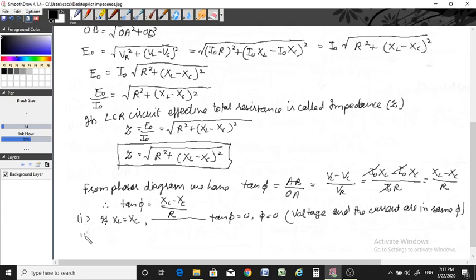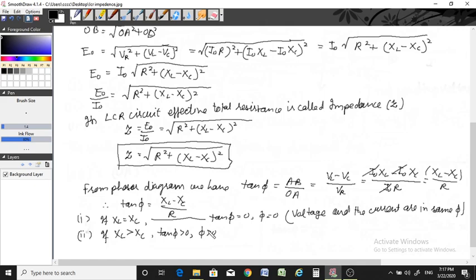Second case: suppose this term, XL minus XC, is positive, XL greater than XC. Then tangent phi will be positive, therefore phi will be positive.